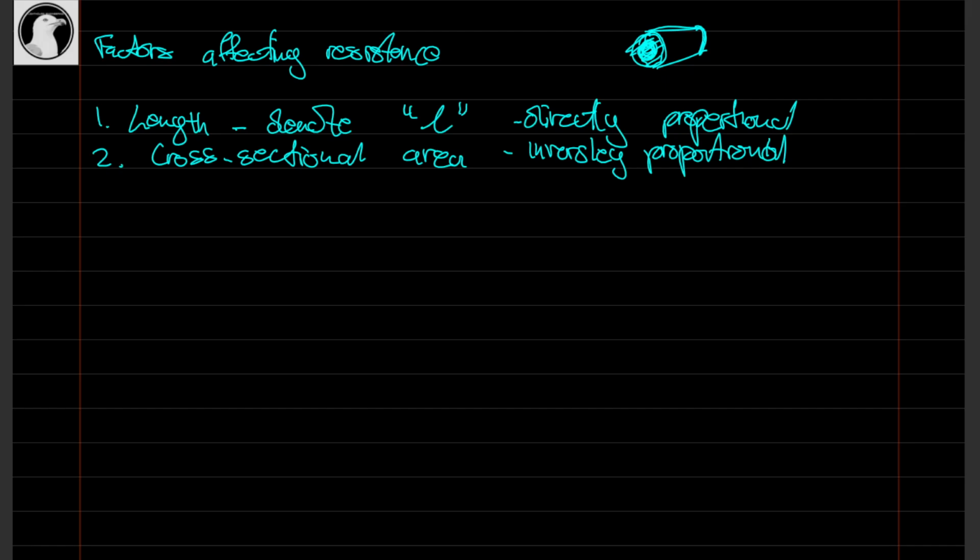What do I mean by inversely proportional? Well, if you have more cross-sectional area, then you will have a greater number of electrons, hence offering less resistance. So the more area you have, the more free electrons you would have, right?